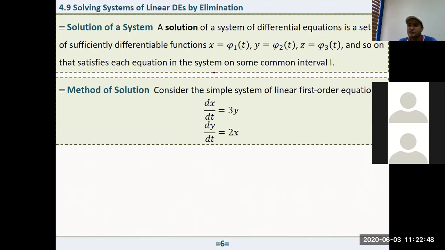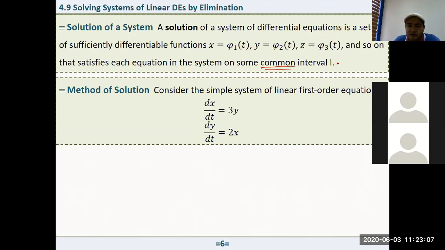So that satisfies each equation in the system on some common interval, right? Common interval means actually that is the common interval for all these functions. If you just pick any input value from this interval, we should be able to evaluate these functions at this point, right?